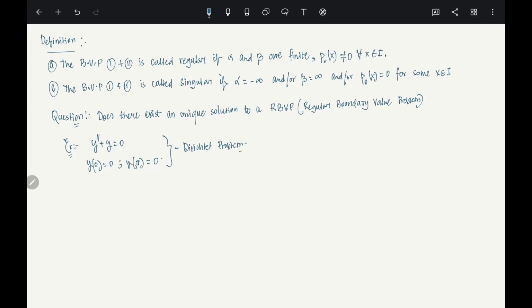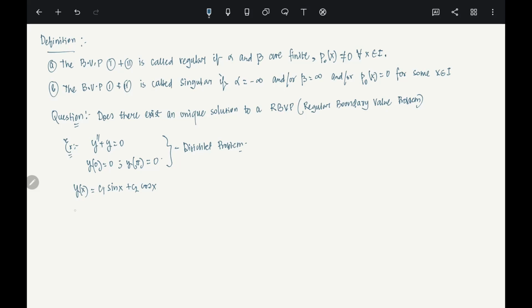You see, capital A and capital B are going to be 0, and you have data on y only at the two endpoints 0 and pi, right? So this is a Dirichlet problem. Now what is the solution of this problem? You see, a general solution y of x looks like c1 sine x plus c2 cosine x. Now if you put the first data y(0) equals 0, you get c2 equals 0, and when you put the other data y at the point pi equals 0, you also get c2 equals 0.